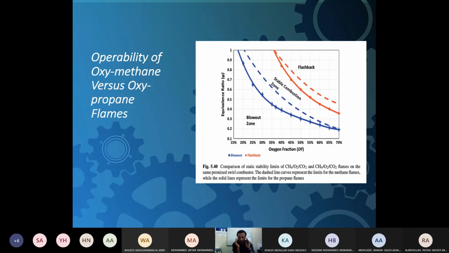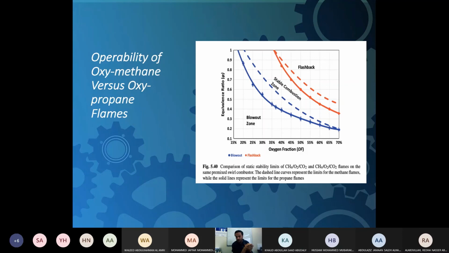And you have to be able to understand that. This is the basic fundamental of gas turbines, that their design mainly depends on the adiabatic flame temperature. When we change the equivalence ratio, change the oxygen fraction, or change the fuel type, all of this will change the adiabatic flame temperature, as we have learned how to calculate.